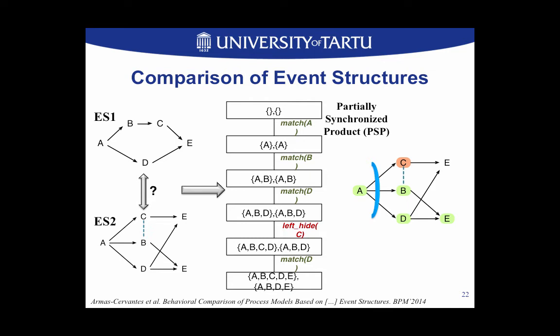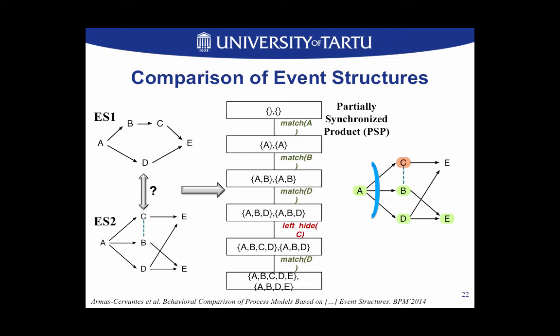And we have done that. We have defined a notion of a partially synchronized product, where you start matching the initial events, the source events in the event structure, and then try to do as many moves forward as you can. Like here, both of these systems can do A, B after A, and D after A, but they differ because this system can do C after A, whereas this one cannot.